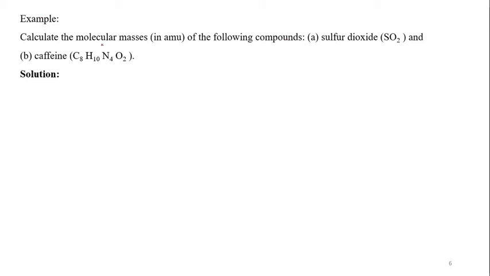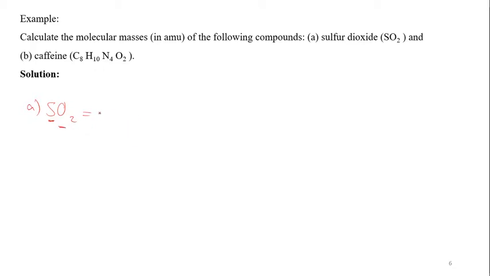Example 1. Calculate the molecular mass in AMU for the following compounds: sulfur dioxide and caffeine. First, sulfur dioxide. The sulfur dioxide formula is SO2. This means I have 1 atom of sulfur and 2 atoms of oxygen.